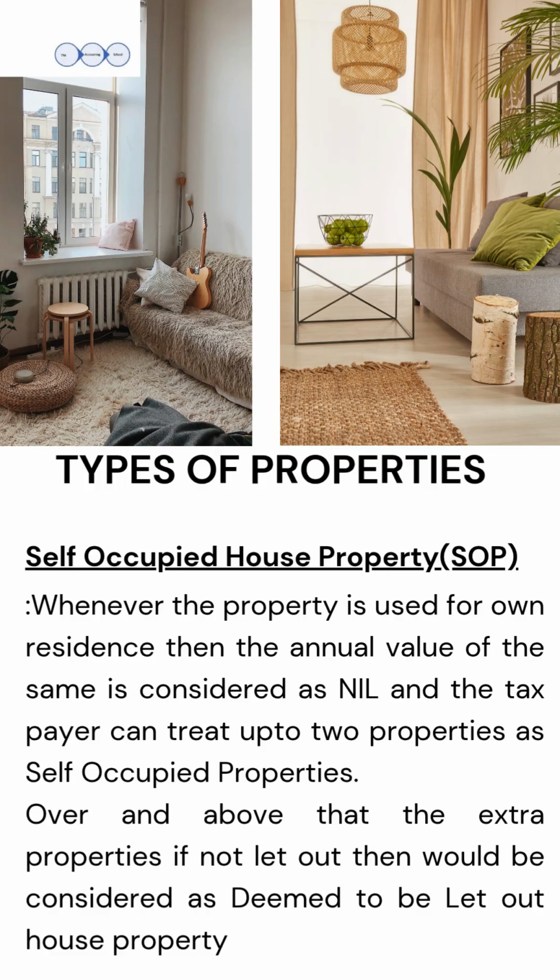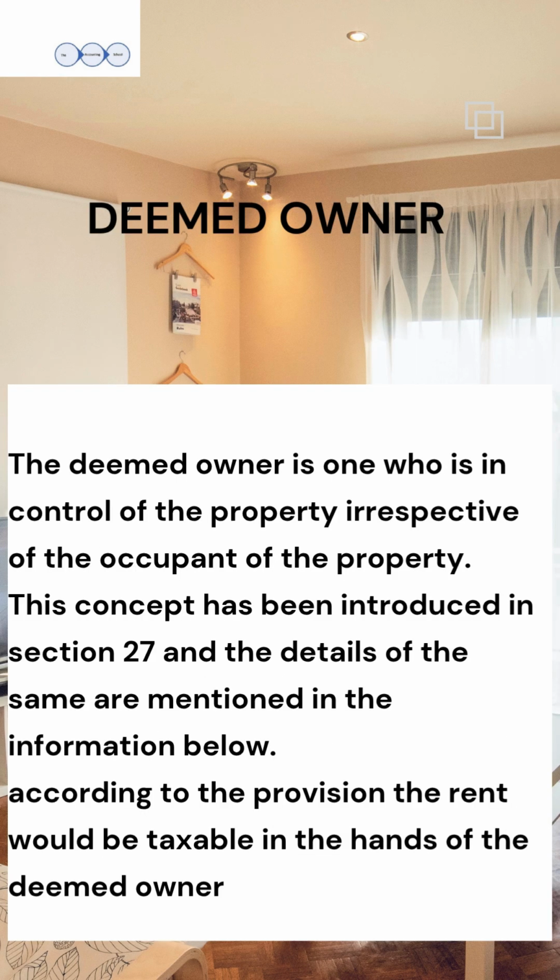As the name suggests, self-occupied house property is the one which is used for the own residential purpose, and up to 2 house properties, vacant house properties, one can consider them as self-occupied properties, and the annual value would be treated as nil. There is also a concept of deemed owner under section 27.